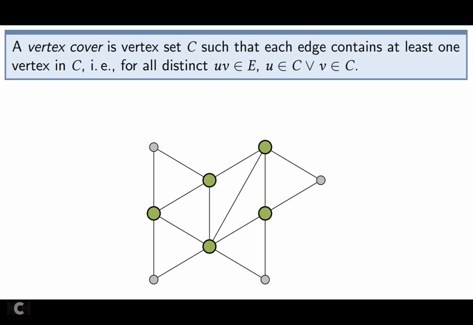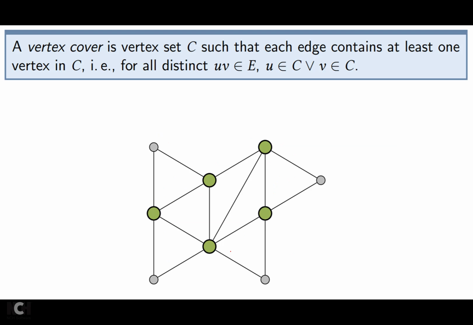And let's see this example, right? A vertex cover is a vertex subset C such that each edge contains at least one vertex in C. We want to give a graph and find the minimum number of vertices which cover all the edges, right?